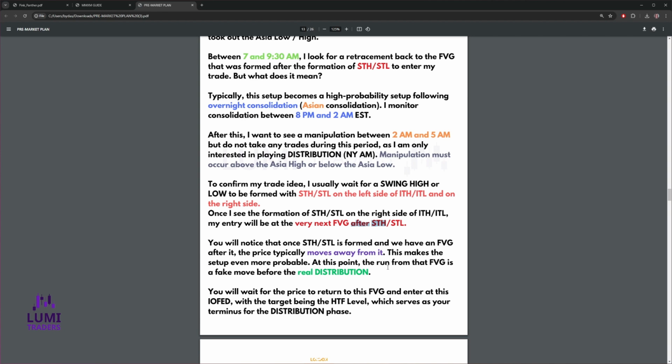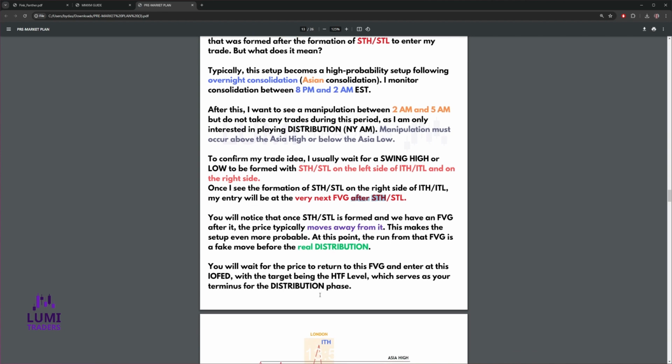At this point, the run from this fair value gap is going to be a fake distribution to offer real distribution at the open. You will wait for the price to return to this fair value gap and enter at this institutional order flow entry drill. Of course, sometimes it's going to be a complete fill, 50% of this fair value gap, but most of the time we will see this as an institutional order flow entry drill, with the target being at a high time frame level, which serves as your target for the distribution phase.